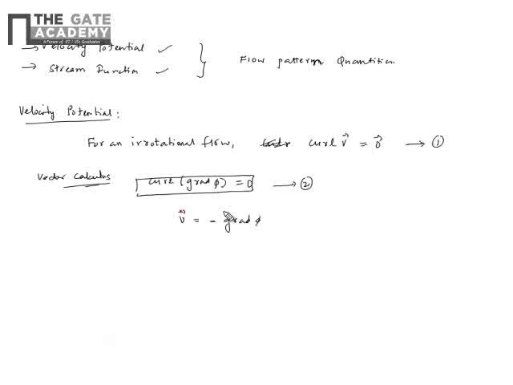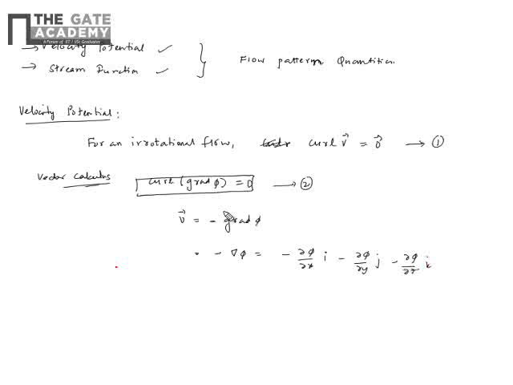But what is the importance of phi? What if I define it this way: del phi, the gradient of phi, means del phi by del x, minus del phi by del y, del phi by del z.